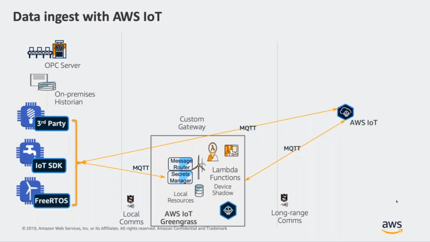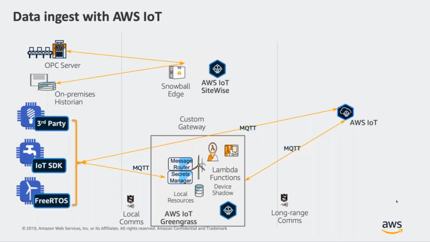The IoT devices could be talking to a gateway over a local network. And this local network could be a Wi-Fi network, it could be a LoRaWAN network, it could be a proprietary local network. The gateway can run another AWS service called AWS IoT Greengrass, which simplifies the communication with AWS IoT. And then the gateway in turn can talk to AWS IoT over the MQTT protocol.